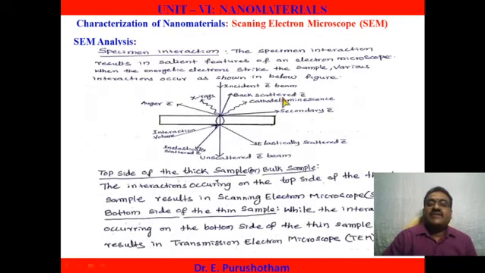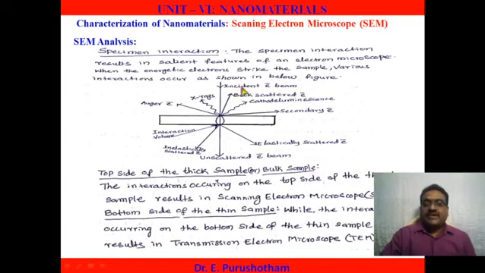So simply we can explain here once again, the incident monochromatic electron beam is incident on the sample and these electrons are scattered back nearer to 180 degrees. These electrons are called scattered electrons. These scattered electrons also give rise to an image.